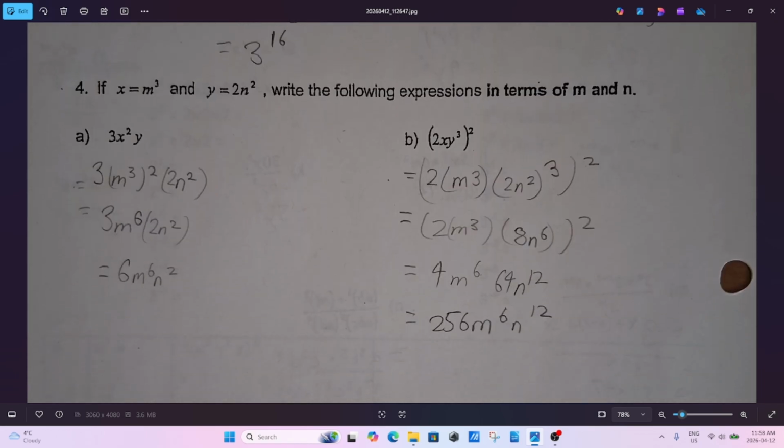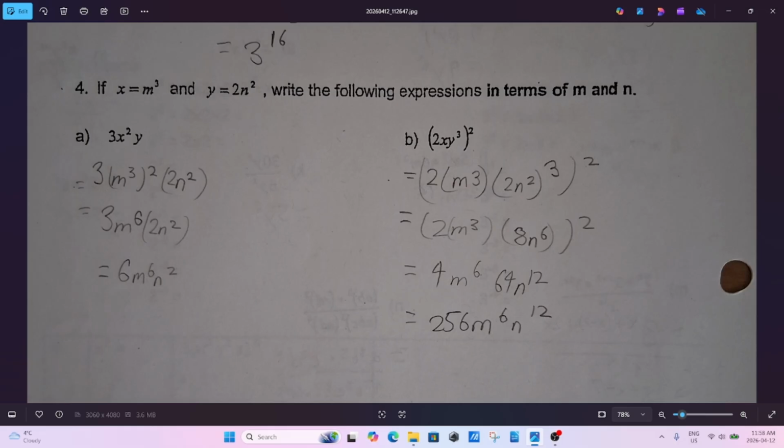Question 4. If x equals m cubed and y equals 2n squared, write the following expressions in terms of m and n. So you just sub in m cubed and you just sub in 2n squared, and then you use the exponent laws to simplify to 6m^6 n squared.